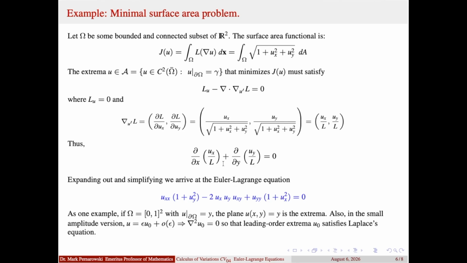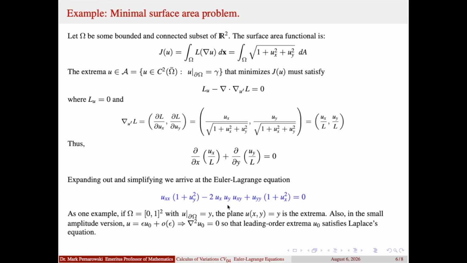And if you do that and simplify, this expression becomes this equivalent Euler-Lagrange equation in blue. And what you notice is this is a very hard partial differential equation. There's no general theory for solving this thing.